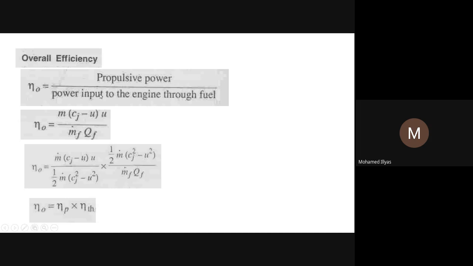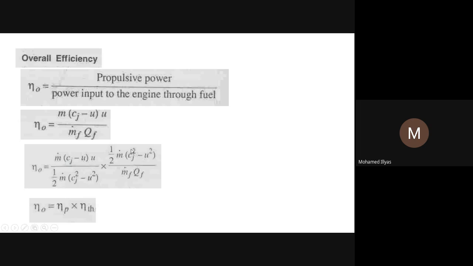and the heat energy available in the fuel. So the propulsive power is F into U, where F is m dot into Cj minus U, divided by m dot F into Qf here. We can also obtain this overall efficiency by multiplying the propulsive efficiency and the thermal efficiency. When I write the propulsive efficiency relation, this is m dot into Cj minus U into U by m dot Cj square minus U square.